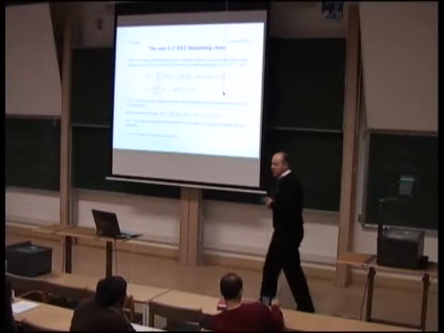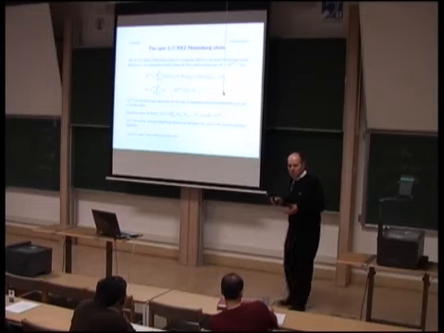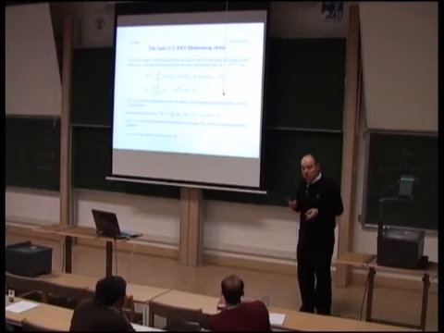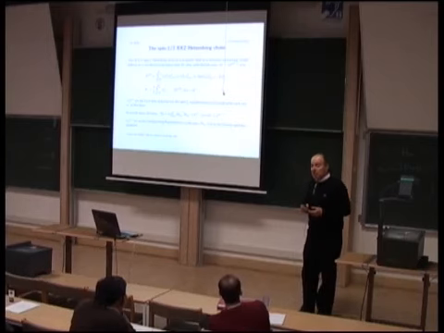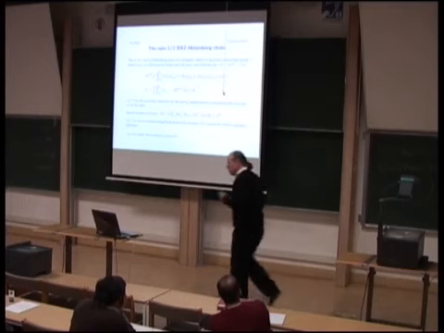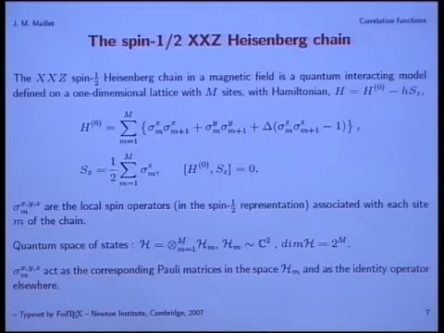But in fact, recently we succeeded in extending this to the open chain, or to chains with various integrable boundary conditions, and in the thermodynamic limit to semi-infinite chains. And there is also a big interest in that for condensed matter physics.